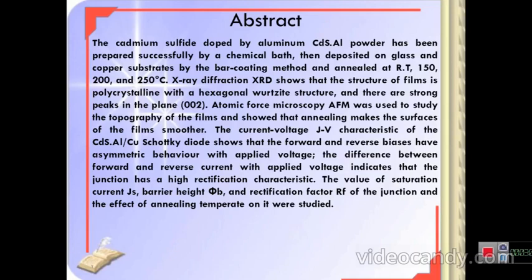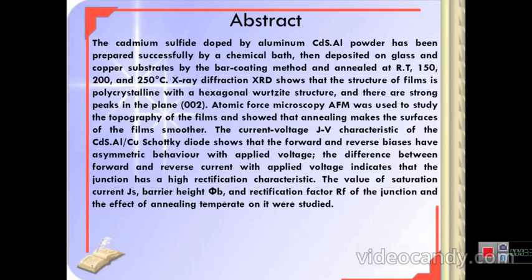Then the bar coating method was used to deposit the CdS:Al films on a glass substrate for X-ray diffraction and AFM, and on a copper substrate to fabricate the Schottky diode. The prepared films were annealed at 100, 200 and 300 Celsius degrees.